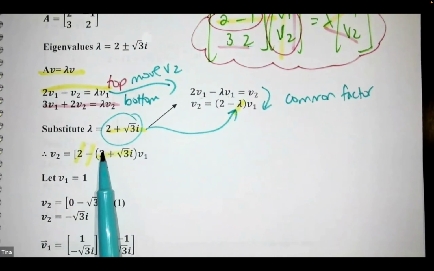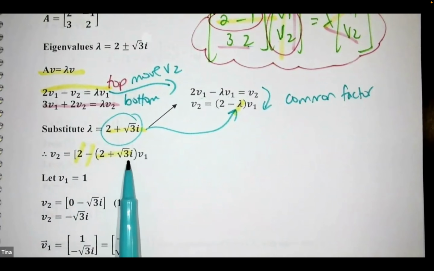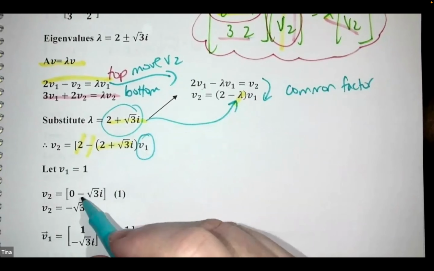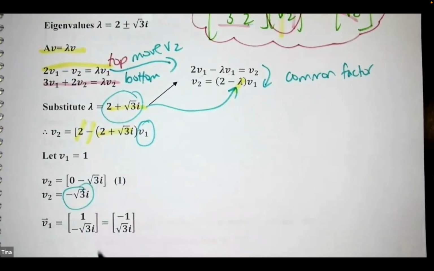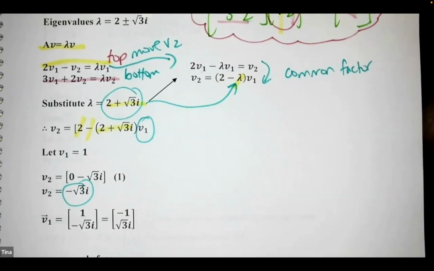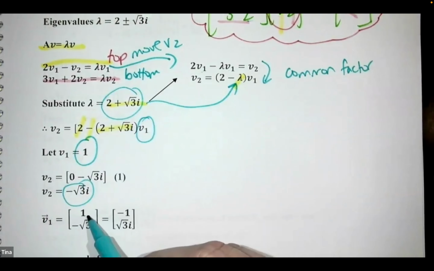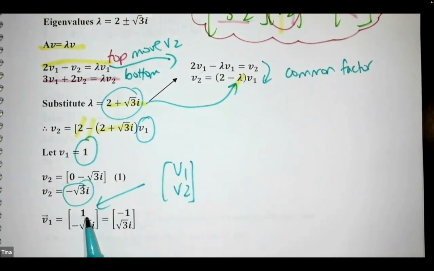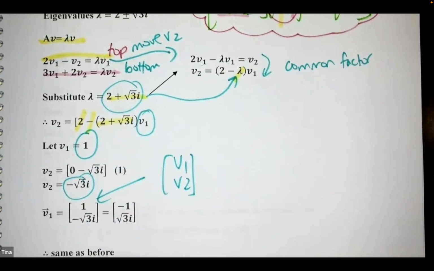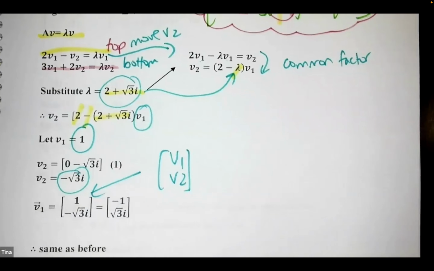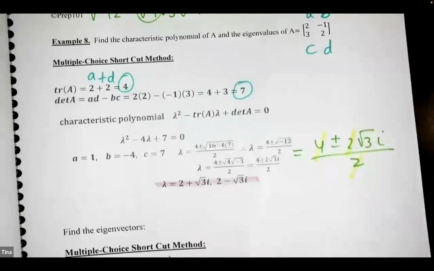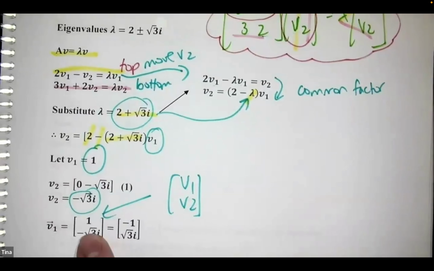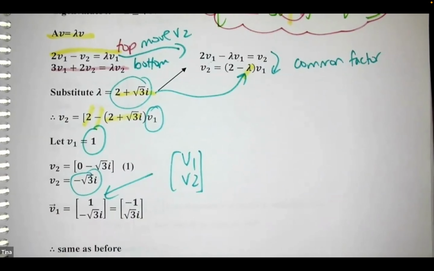Well, 2 minus 2 is gone, isn't it? So it's just 0 minus root 3i. Let v1 be 1. Then it's just 1 times this, which is negative root 3i. So your vector v1, v2 is going to be 1 and negative root 3i. Same thing as before. Now, I think ours was the opposite sign, right? Yeah. So negative 1 on top. So multiply them both by negative and you see the answer.